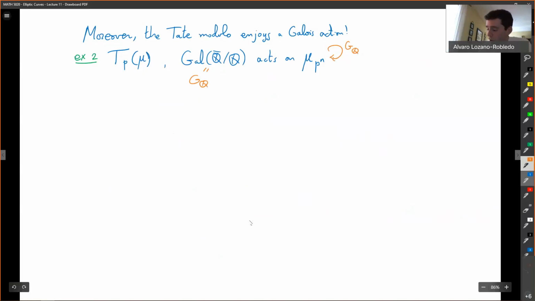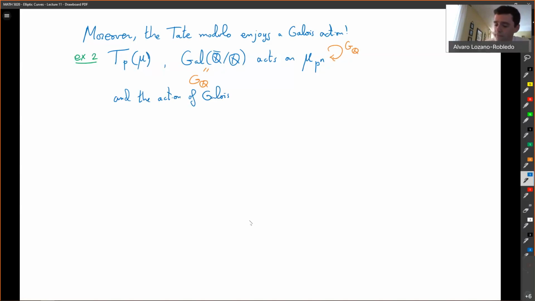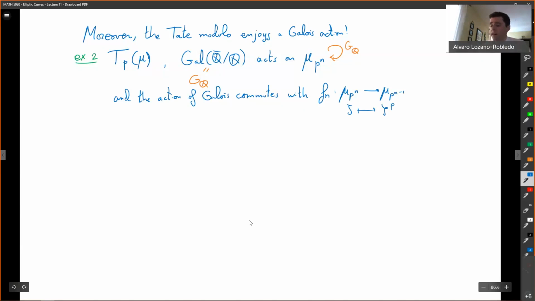And moreover, the action of Galois commutes with the connecting maps Fn, which in this case, remember, were just raising to the pth power. They commute because, well, if sigma is a field automorphism, it behaves well with algebraic operations.